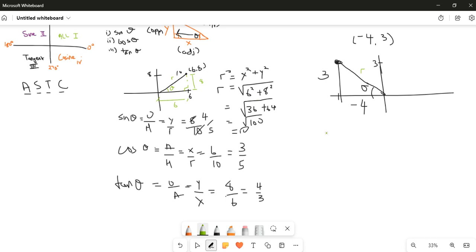We're going to say r equals the square root of x squared plus y squared. x squared is going to be -4 squared. y squared is 3 squared. So -4 squared is 16. 3 squared is 9. 16 plus 9 is 25. So the square root of 25 is 5.